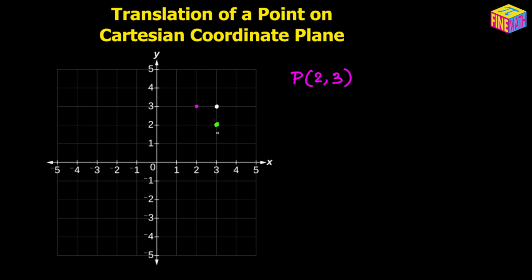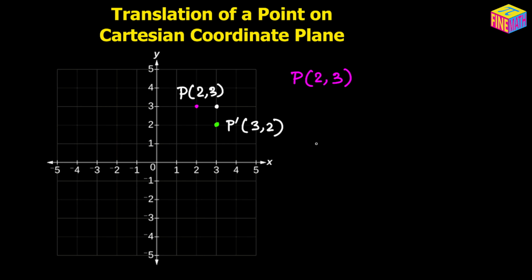So now it will become 3, 2. Now we are going to lose 1 unit for the y coordinate also. So for the x coordinate, 1 unit increased, and then for the y coordinate, 1 unit decreased. So the final location will be 3, 2. So this location right here, the new location of point P, let's say P prime, will be 3, 2. That will be the coordinate of the new location of P.